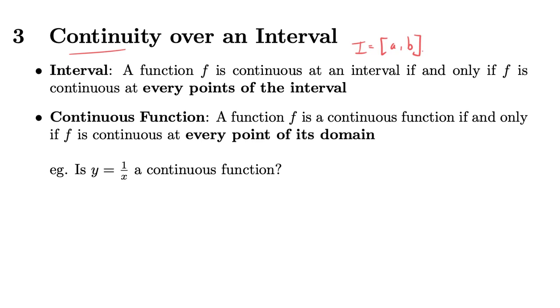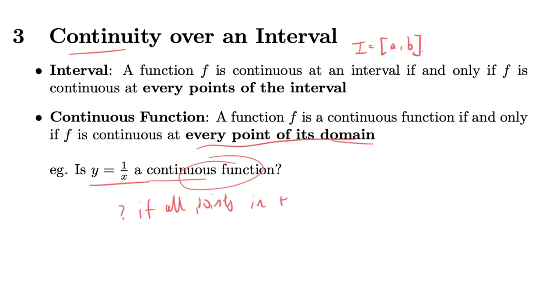Now, a continuous function is continuous across all points in its domain. So an interval is sort of like a local continuity. Continuous function means that it's globally continuous. So if you were to ask if y equals 1 over x is a continuous function, we would consider if all points in the domain are continuous.